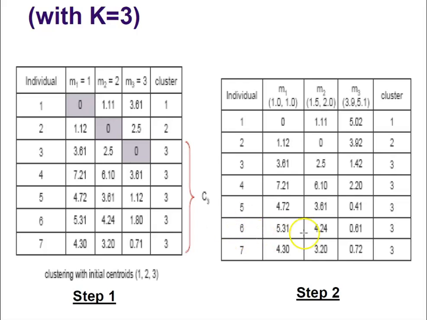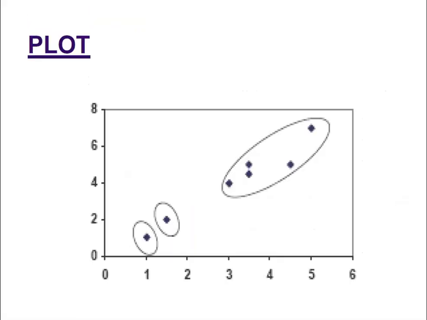So using these two updated centroids, if we go through the same process, we end up with 3 clusters. Okay, so you can see 2 very small clusters at the bottom left, essentially individual 1 by himself, individual 2 alone, and then the large cluster on top stays unchanged.